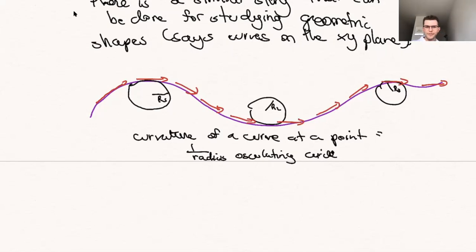So these are called tangent vectors or velocity vectors. They sort of follow the curve, or they give you the direction of the curve.